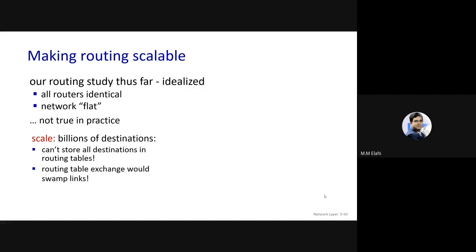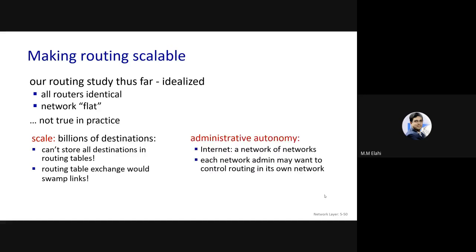And also, if the number of routers becomes larger and larger, and if they always exchange updates, definitely what will happen? There will be a traffic jam. That's why the process in case of the internet is actually a hierarchical one. Let us see how that is done.